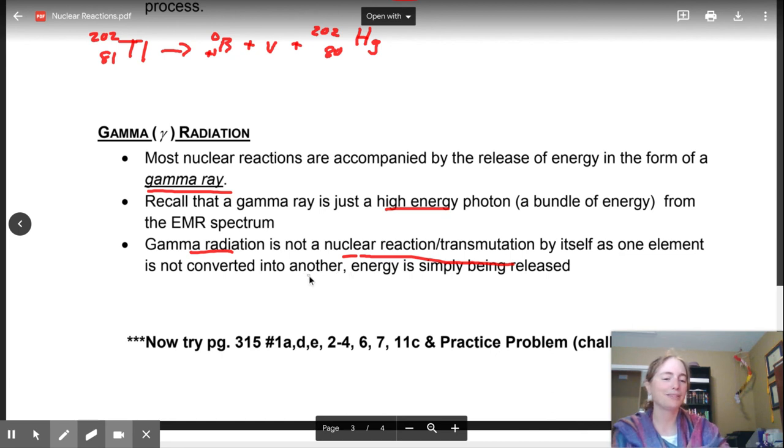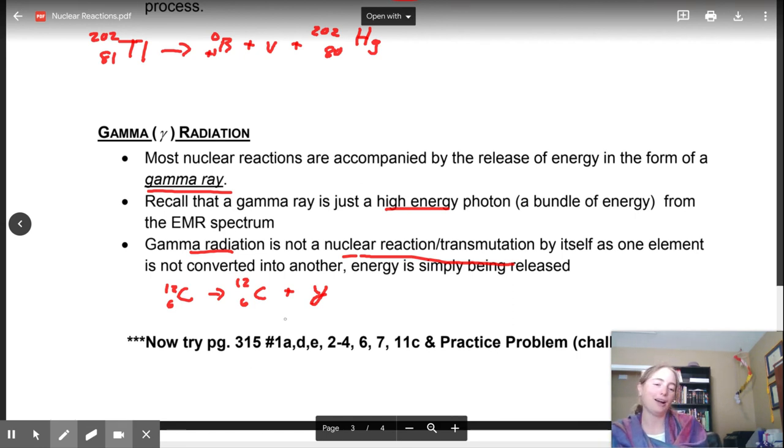One element isn't being released or converted. It's just releasing some energy. So if carbon-12 goes through just gamma decay, nothing's changing. You just get your gamma radiation. I have a terrible time drawing this, it's like some curly squiggle. A lot of reactions are also going to include gamma radiation in their nuclear decay.